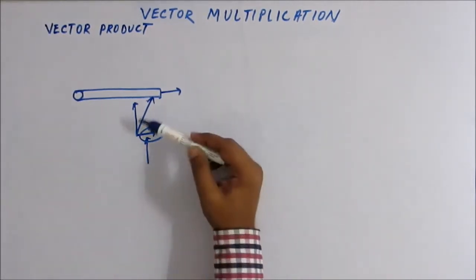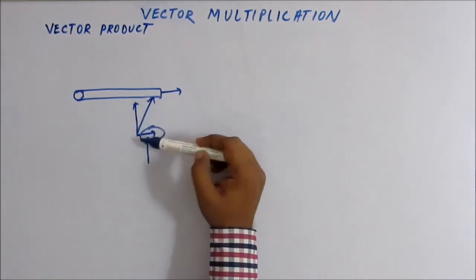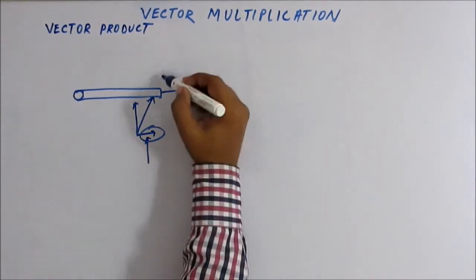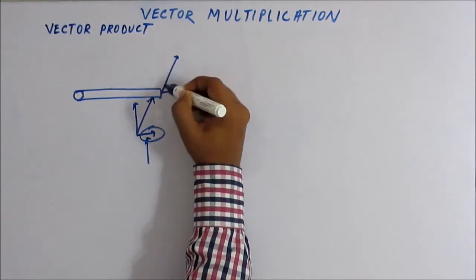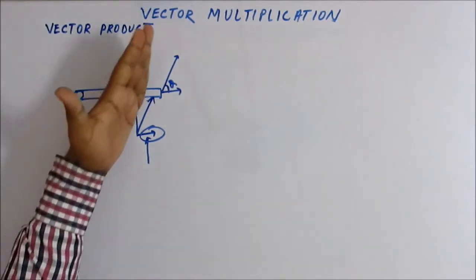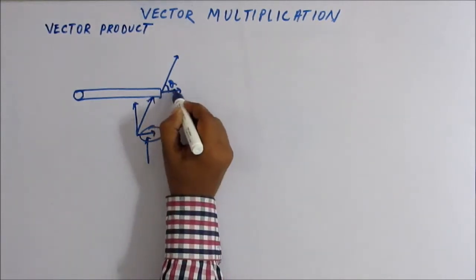Okay, but if we are dealing with the entire force, if I don't have the values of both the components, I just have this value, or suppose this is the angle theta with the rod, then what we are more interested in is the component F sine theta. We are not interested in F cos theta, which is this.